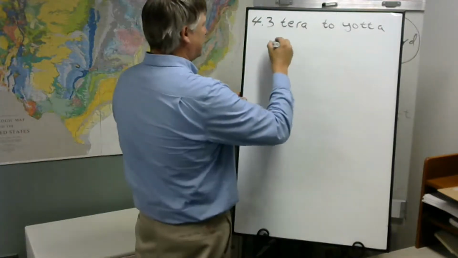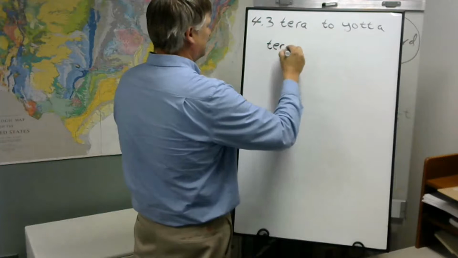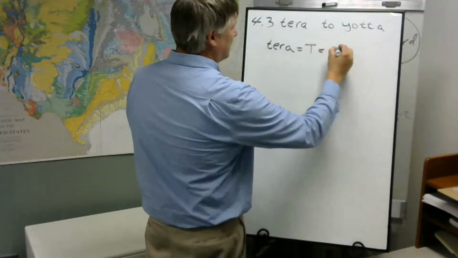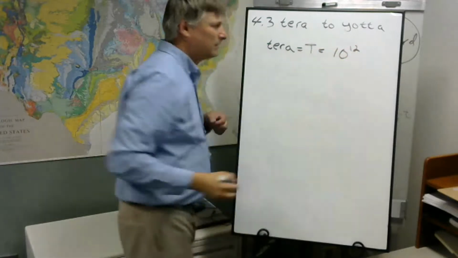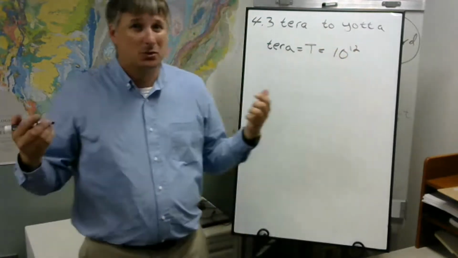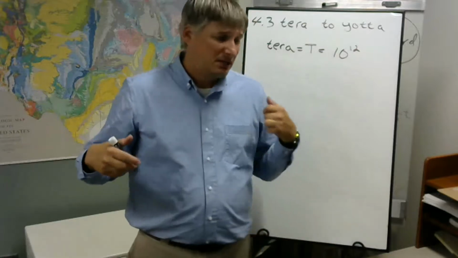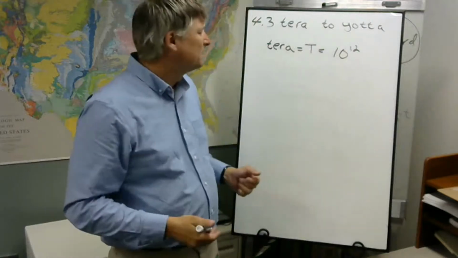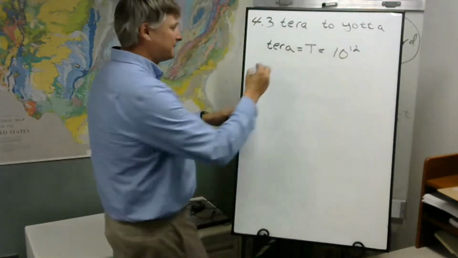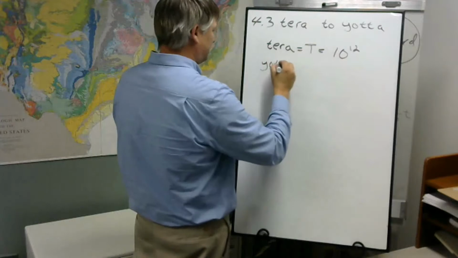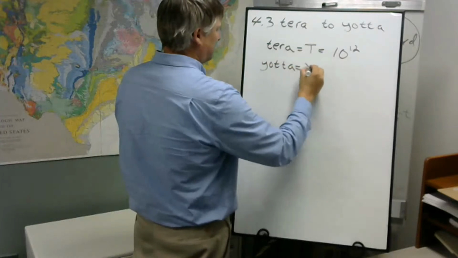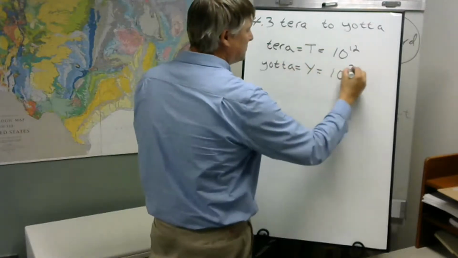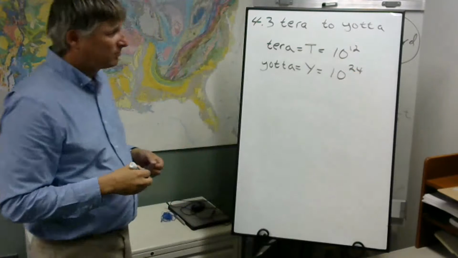So tera, which is represented by a capital T, is 10 to the 12 of something. It could be 10 to the 12 inches, it could be 10 to the 12 gallons, but it's 10 to the 12 of something. Now, yota, represented by capital Y, is 10 to the 24 of something.